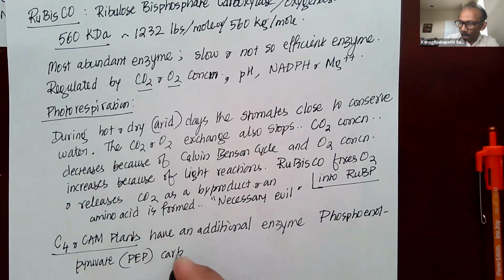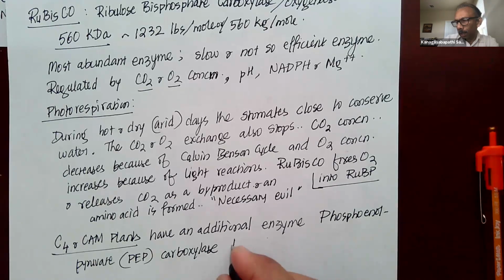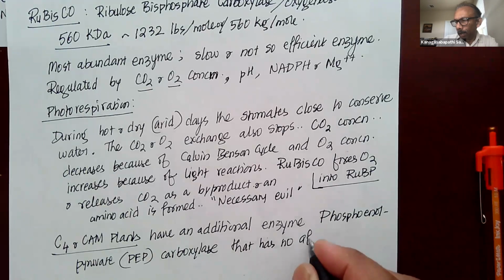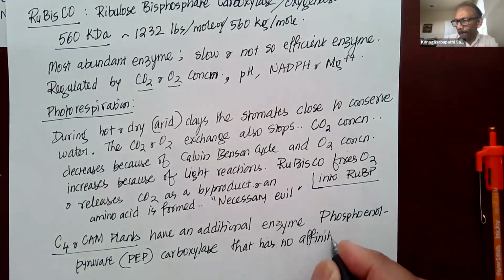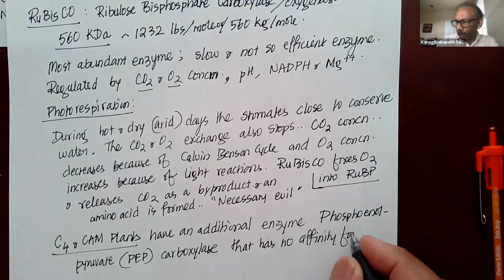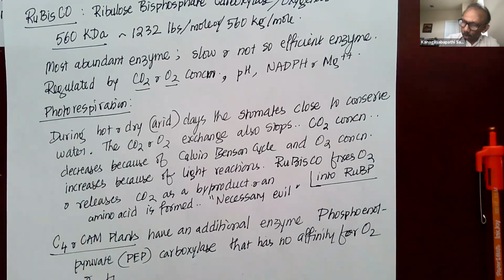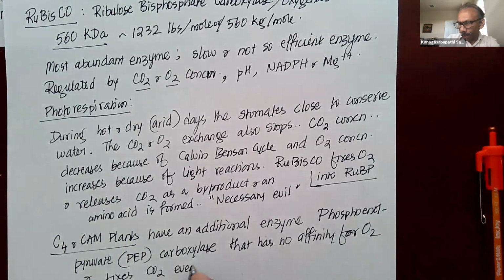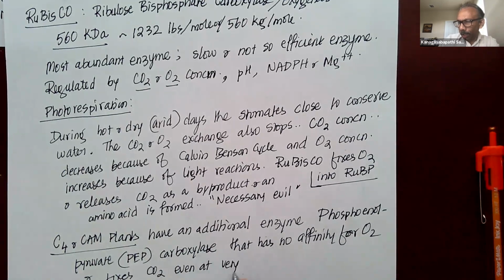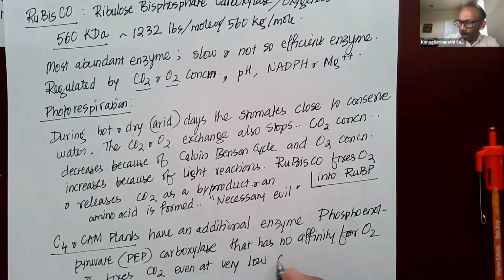You can also call it PEP carboxylase. That has no affinity for oxygen and fixes CO2 even at very low concentration. So that's the efficiency of these C4 plants.